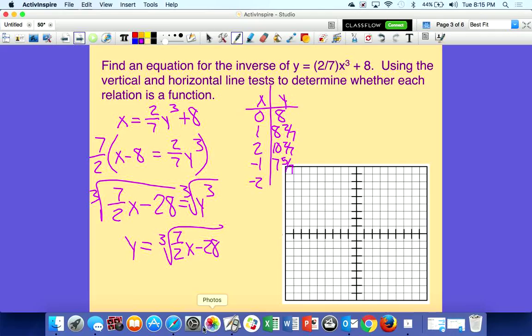So it can just be a calculator exercise then. So this would be 5/7. So the original would look something like this.